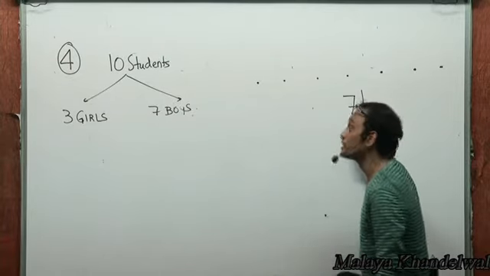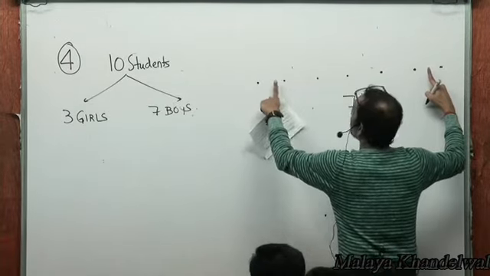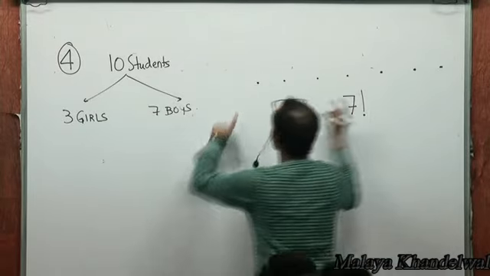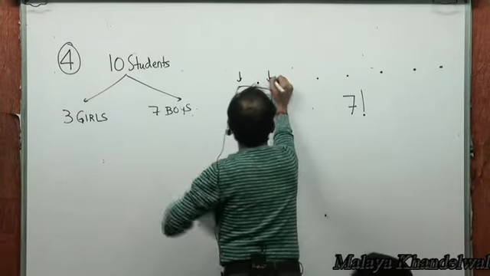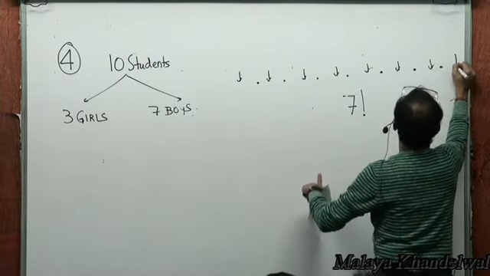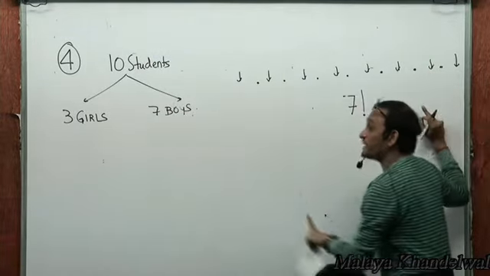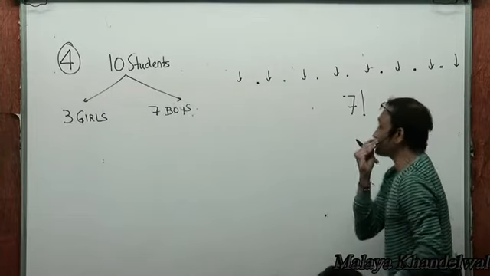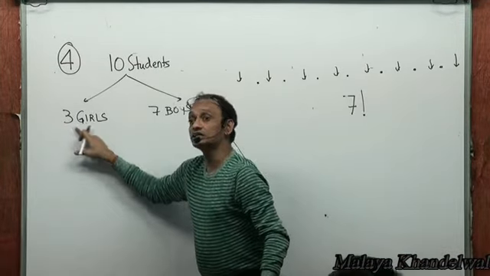The order is important. Now that leaves you with how many spaces? 8 spaces. 1 space, 2 space, 3, 4, 5, 6, 7, 8. 8 spaces. Now in these 8 spaces, what do you want to do? You want to arrange the 3 girls.